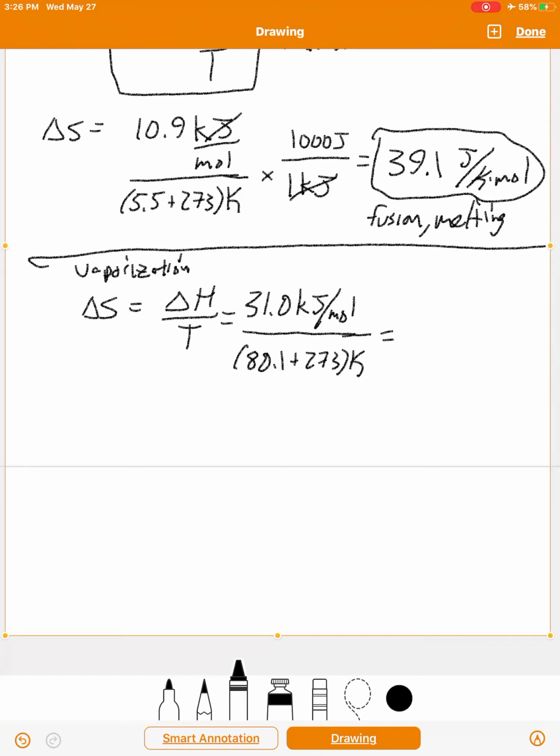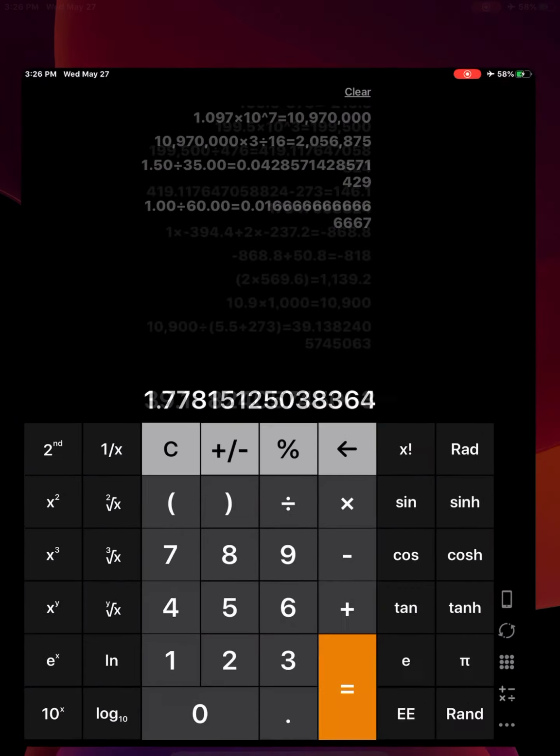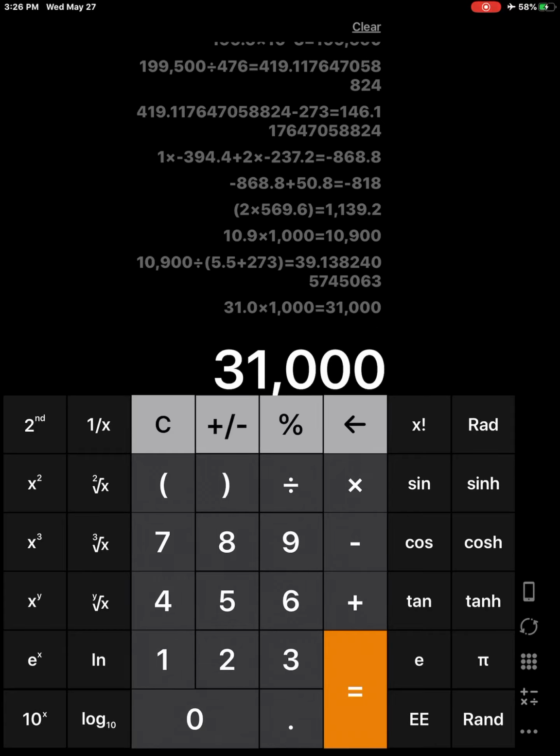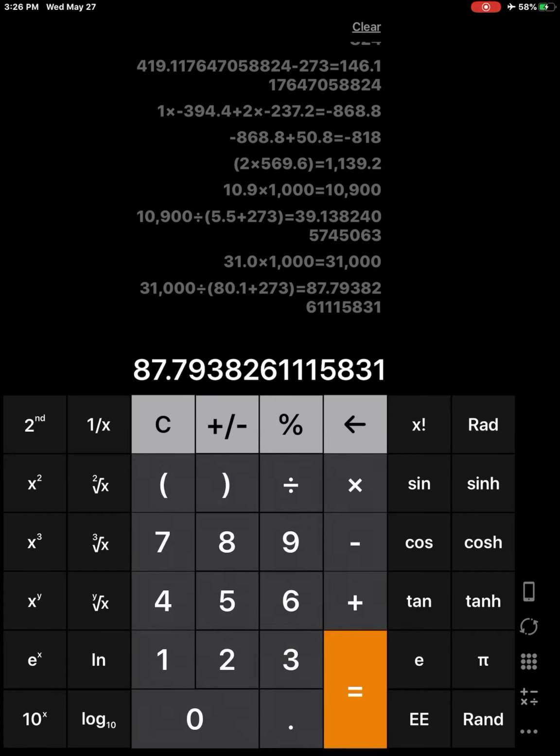That's perfectly fine. Okay. Again, we're going to convert it to joules per Kelvin mole because those are the units that entropy are generally quoted in. So 1,000 joules per kilojoule. Okay, so that'd be 31,000, right? 31.0 times 1,000, divided by 80.1 plus 273. And you get 87.8 or 88.